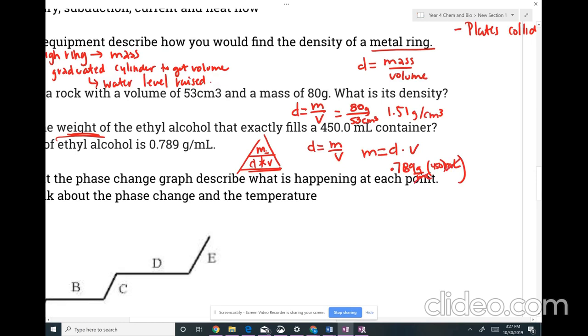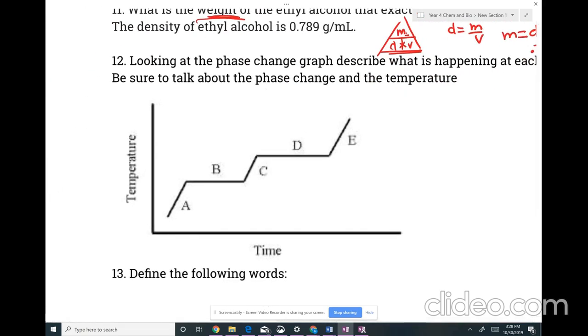My units cancel, so I multiply 450 times 0.789, and my mass is equal to 355.05 grams. So that is your answer.